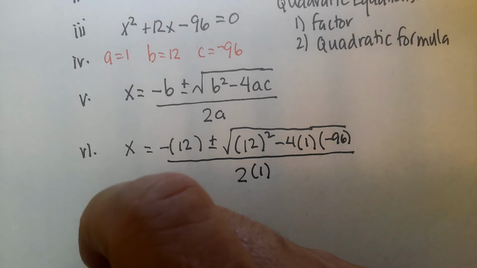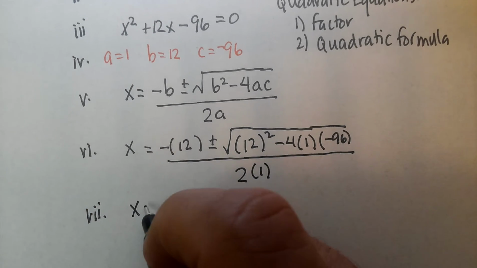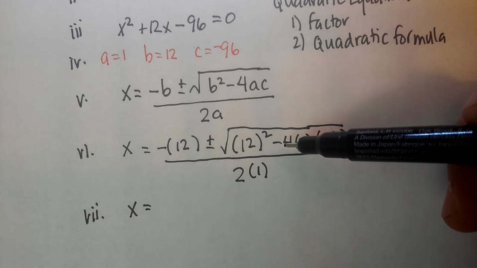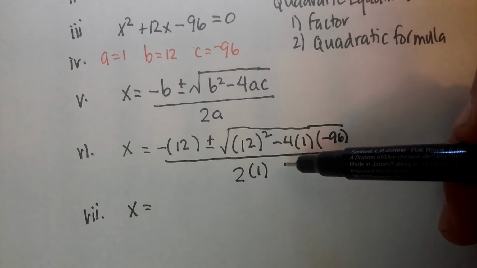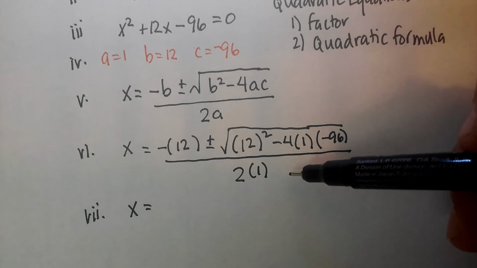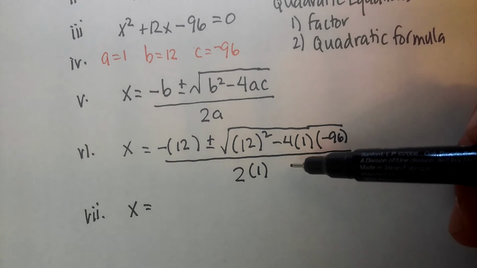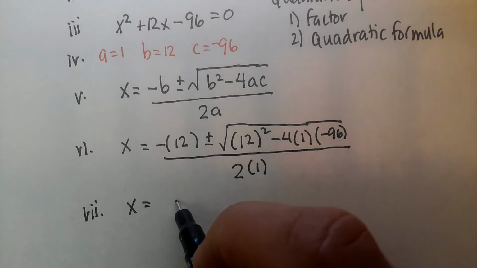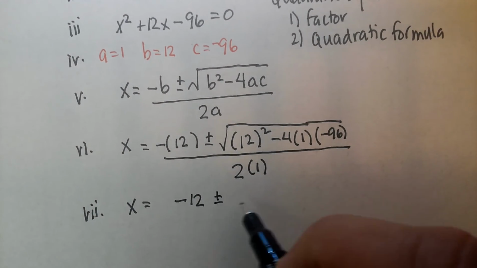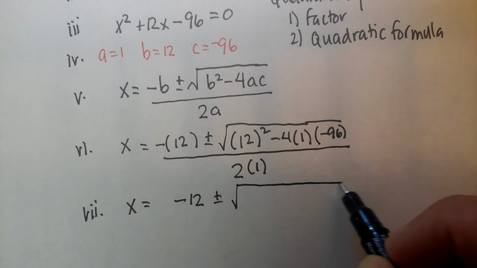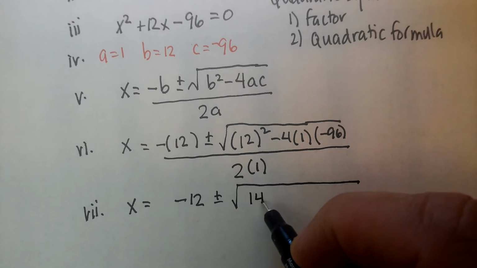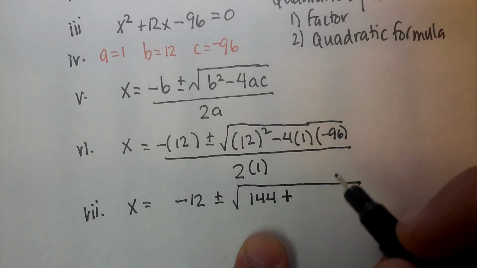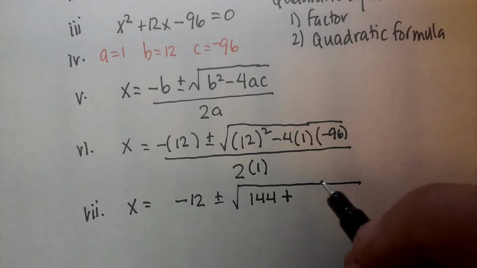Okay? Step 7. Notice how I'm doing this step by step, and a lot of people are going to take shortcuts. I really wouldn't suggest you do that. I would suggest you just go ahead and write it out carefully and make sure that you get all the answers correct. So let's go ahead and start doing this. I'm going to get negative 12 plus or minus the square root. 12 squared is 144 minus a negative, which is going to be plus, and then 4 times 96.